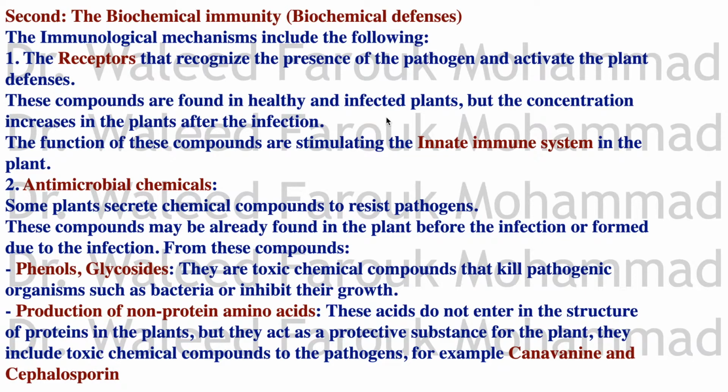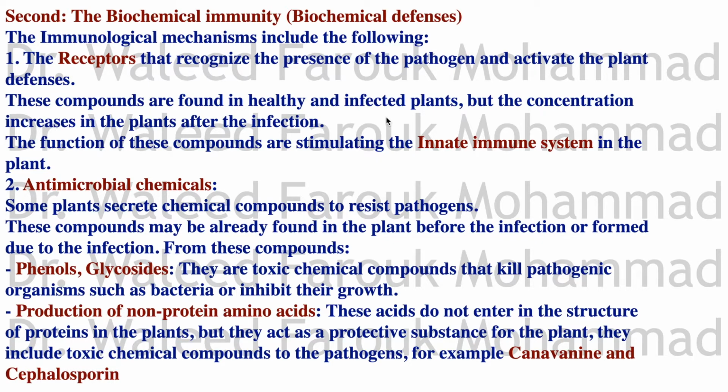ايه بقى؟ antimicrobial chemicals. Some plants secrete chemical compounds to resist pathogens. Compounds دي already found in the plant before the infection or formed due to infection، زي الفينولز والجلايكوزايدز، زي production of non-protein amino acids.